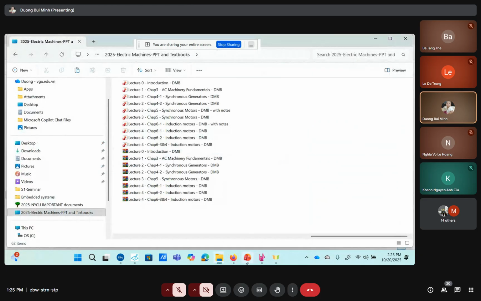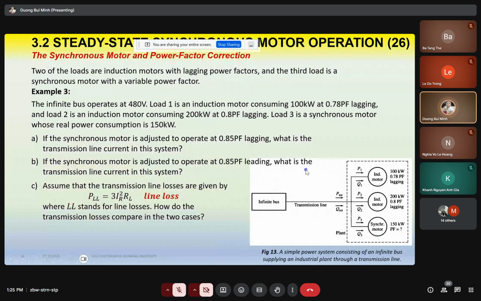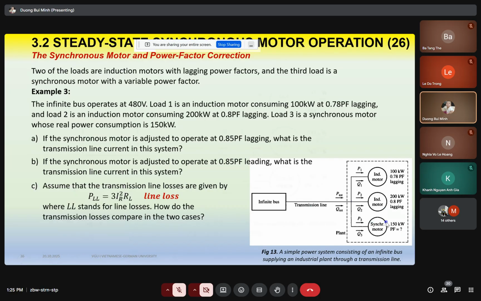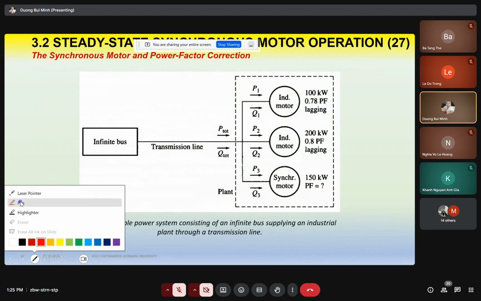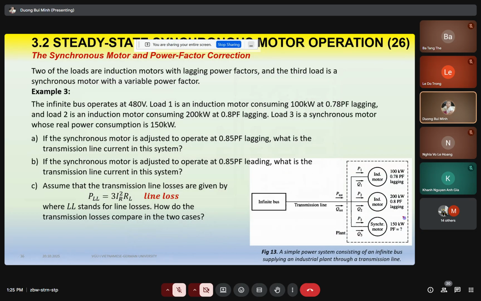So, continue. For example, here we have example 3. How many synchronous motors do we have? We have one. Look here, this is synchronous, and this is an induction motor.